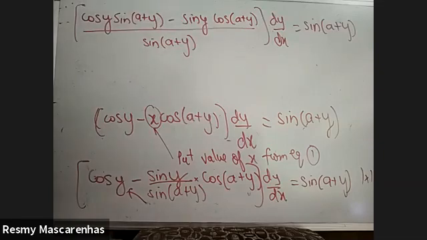So after cross multiplying, we will get like this. And if you notice, it will be in the form of sine a cos b minus cos a sine b form.